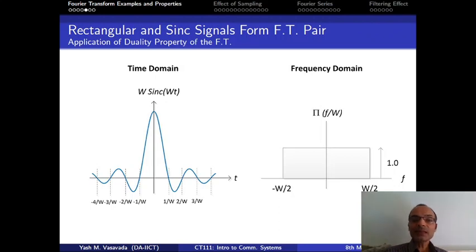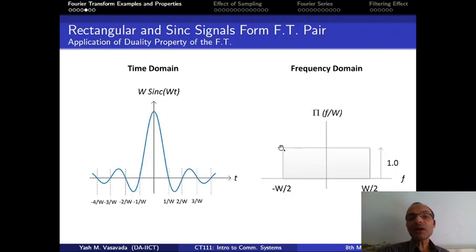price. So spectrum is a very costly commodity, and therefore, if you are given a spectrum of some W hertz in the frequency domain, then you have to make sure that your signal does not go outside of that W hertz.